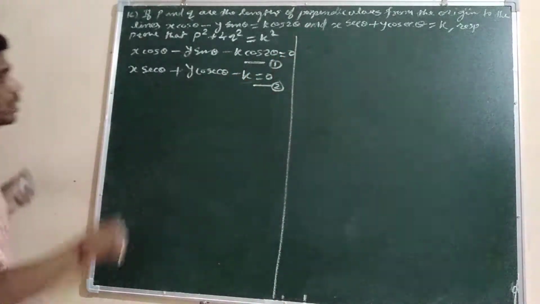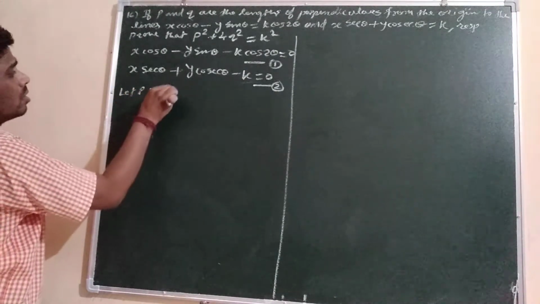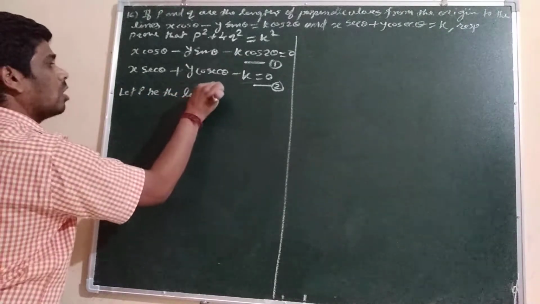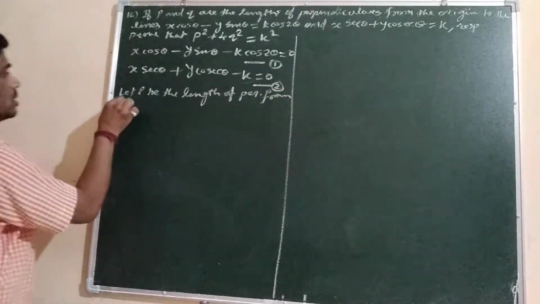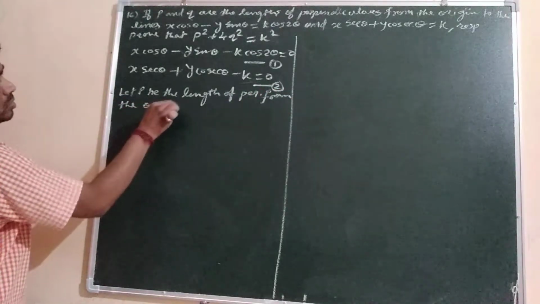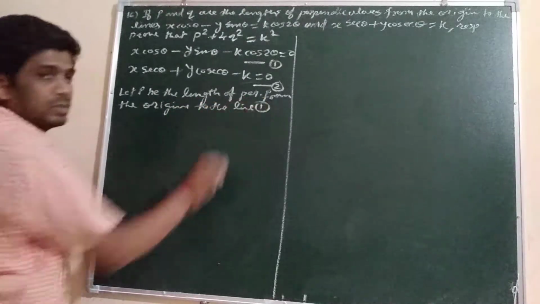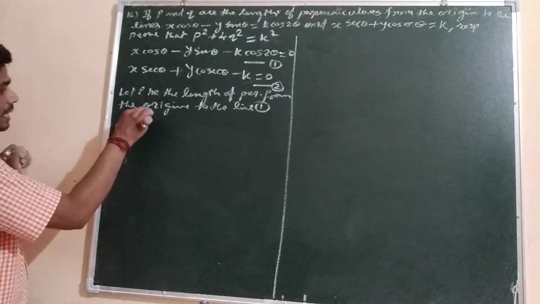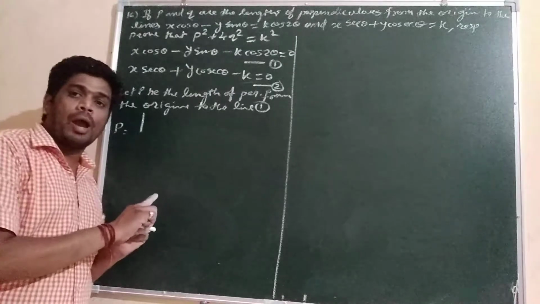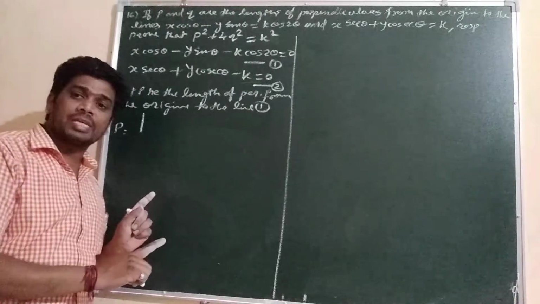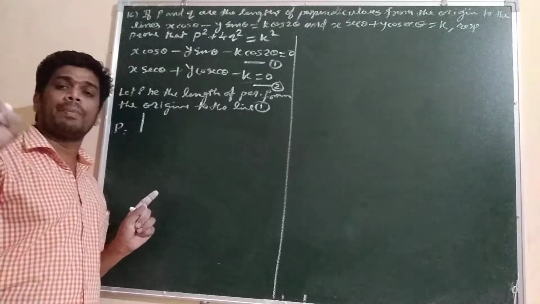Now let p be the length of the perpendicular from the origin to line 1. So p equal to, the perpendicular distance from any point to the given line is ax1 plus by1 plus c upon root of a square plus b square.